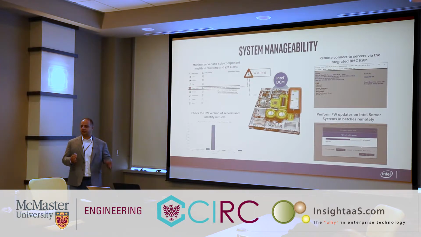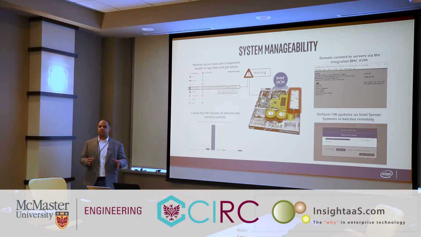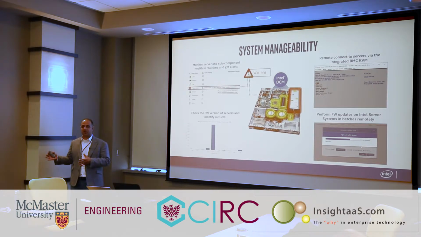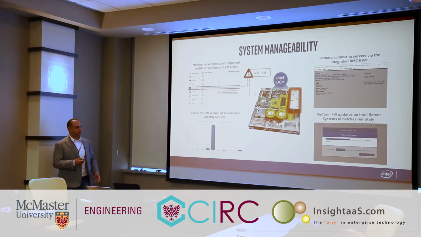Every data center has a variety of servers. Sometimes the same model, purchased at different points in time, ends up with two different firmware versions, and that could impact performance, reliability, security, and so on. Without having to do anything, DCM is able to identify outliers.